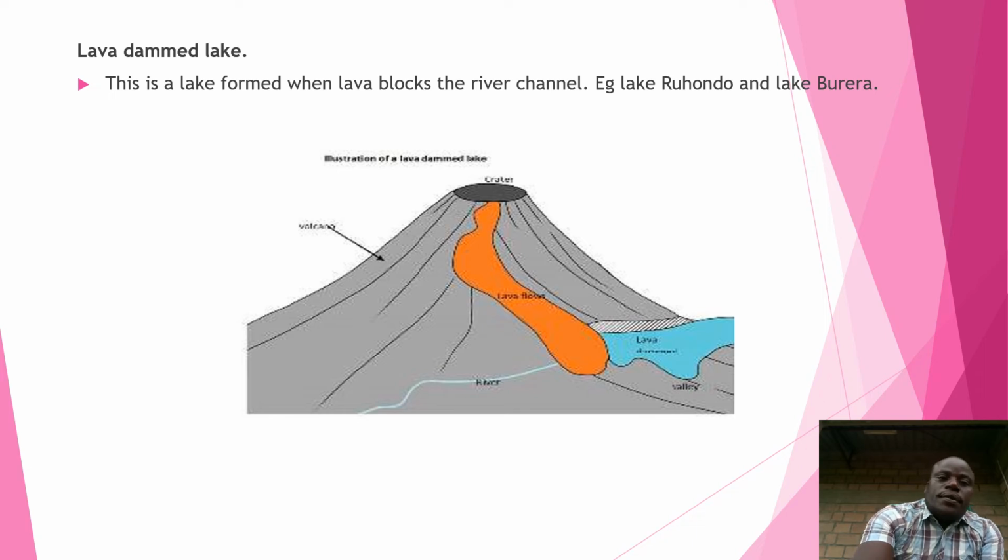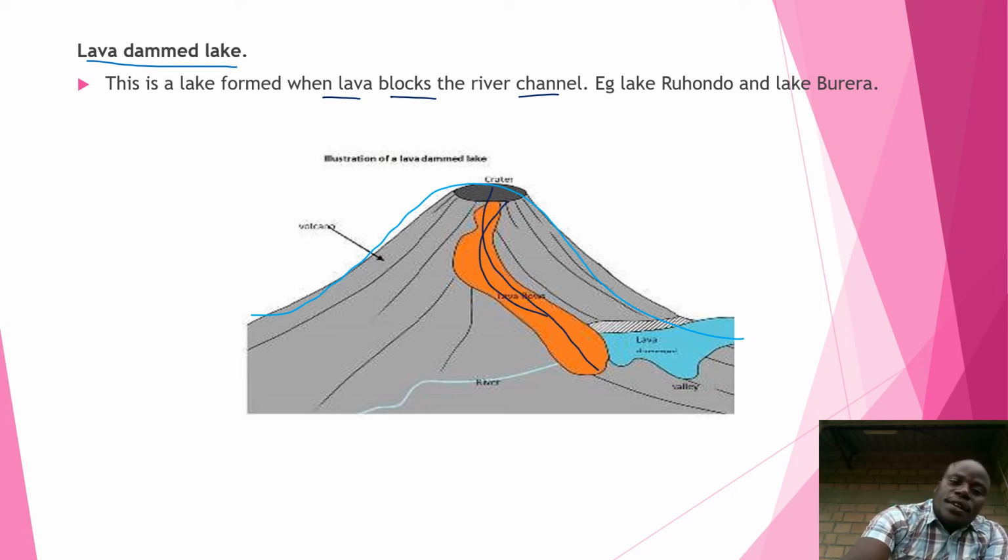Then we have lava dammed lakes. These are lakes formed when lava blocks the river channel. Assuming this is a mountain, a volcano, and there is lava flowing, this basic lava is flowing.